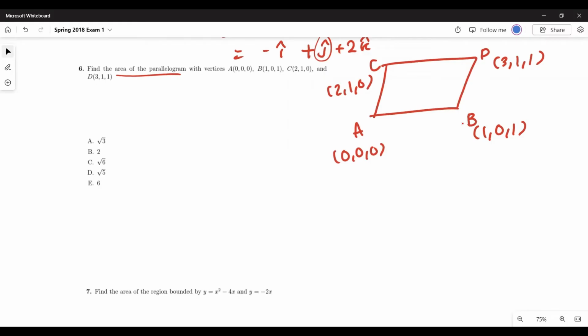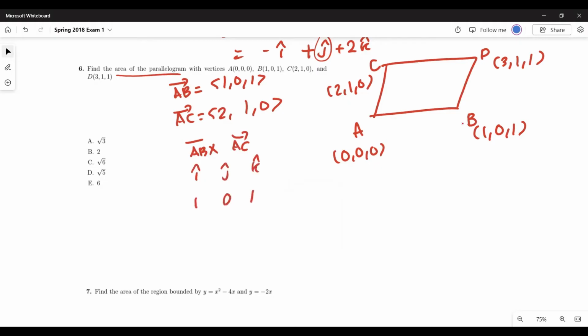You can choose any sides, but for me, I'm going to use AB and AC. So vector AB would be just (1, 0, 1). Vector AC would be just (2, 1, 0). So if you do the cross product of those values, let's write I, J, K, 1, 0, 1, 2, 1, 0.